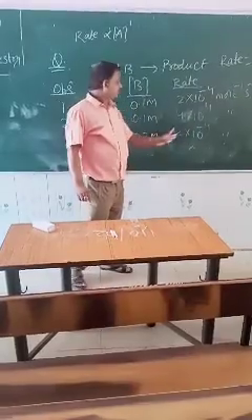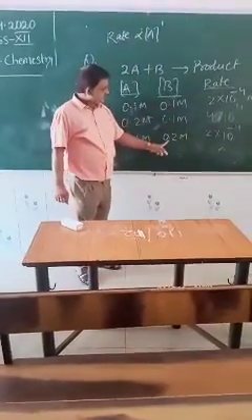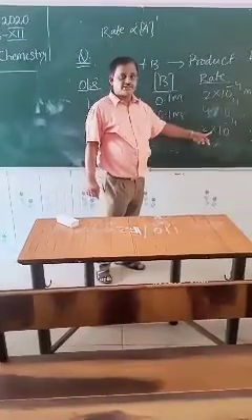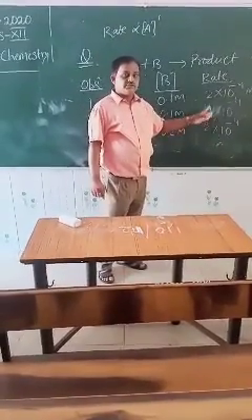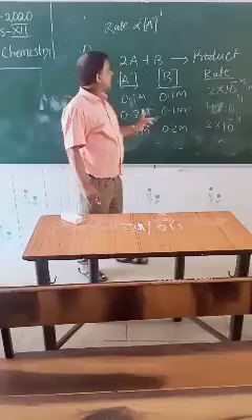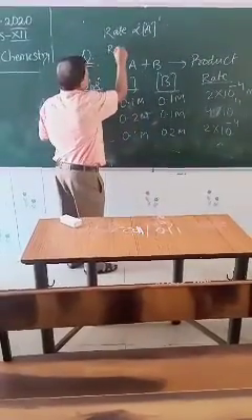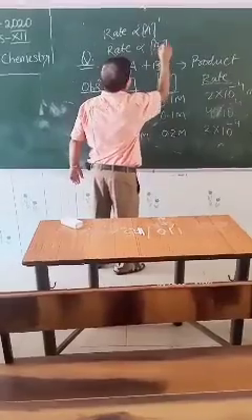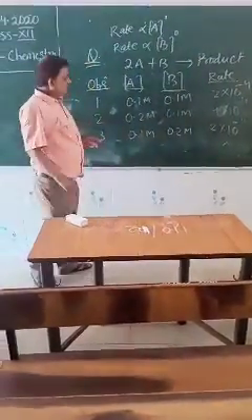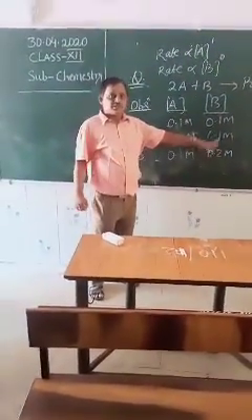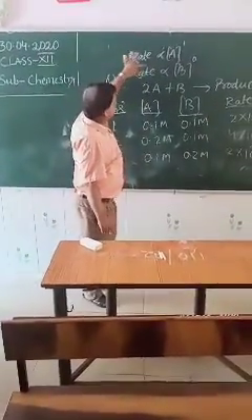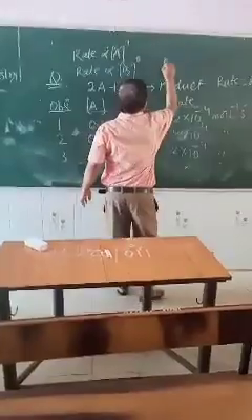Rate is the same. That indicates rate is independent of the concentration of B. Rate is proportional to B to the power 0. Rate is proportional to A to the power 1, rate is proportional to B to the power 0.